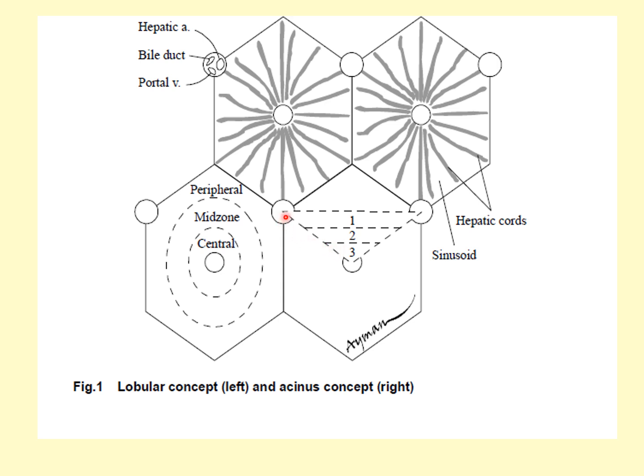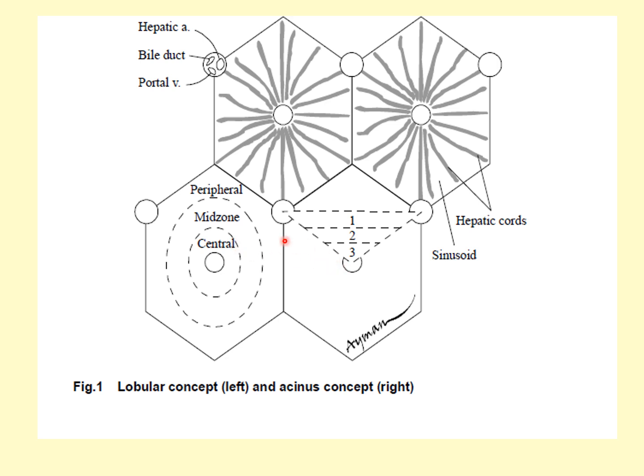So when this triangle is formed, this is the acinus, and it is divided according to the blood supply. There is the central part, the most peripheral part, and in between the central and peripheral part it is mid-zonal.